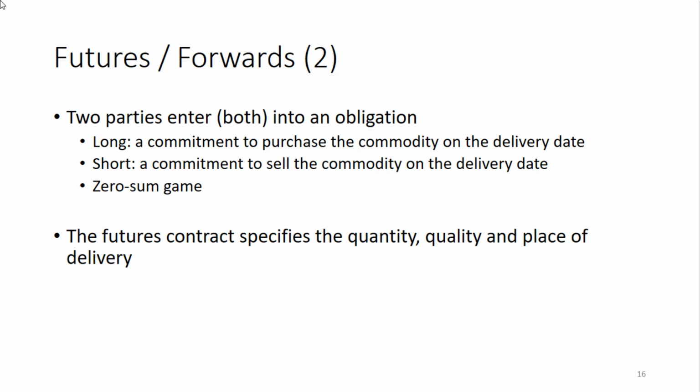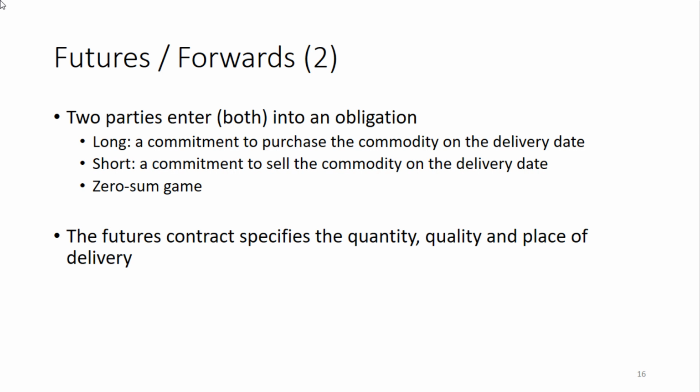But now that I have the contract, I only have to pay 100, because that was the price I agreed upon 9 months ago. So the contract has received value. Originally the value was 0, but now the value is 120 minus 100, because normally I should have bought it for 120 and I can buy it now for 100. That means the contract has delivered me a value of 20.